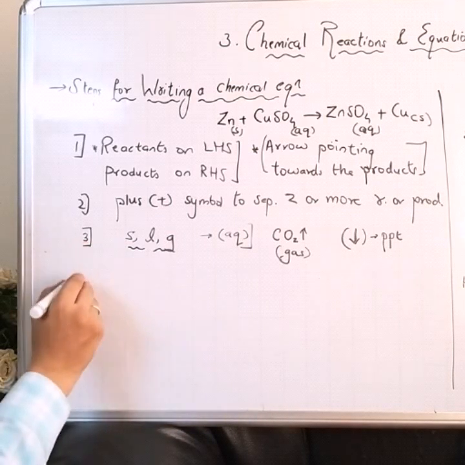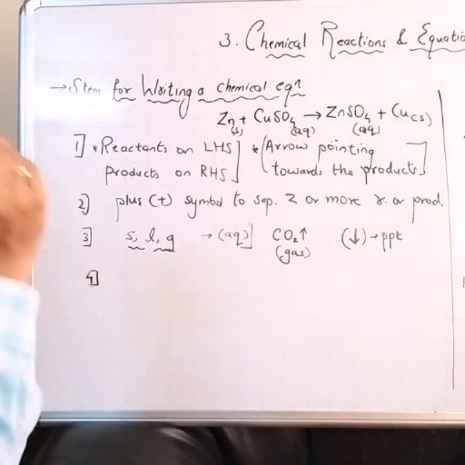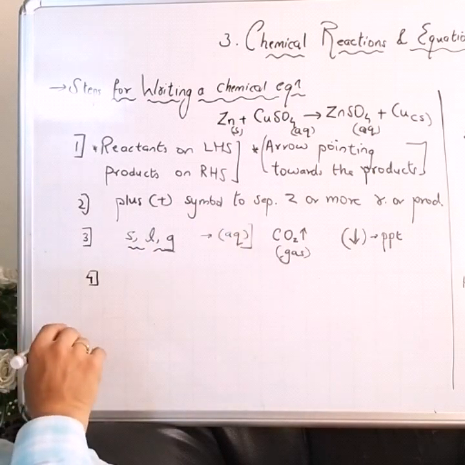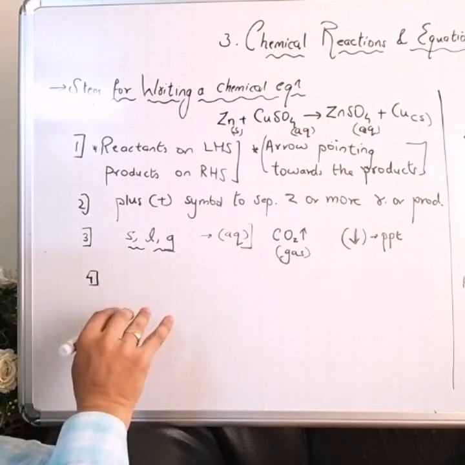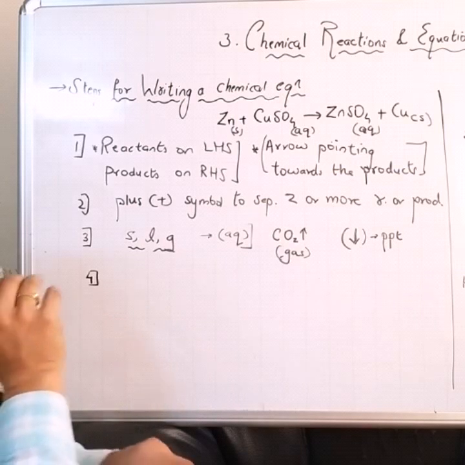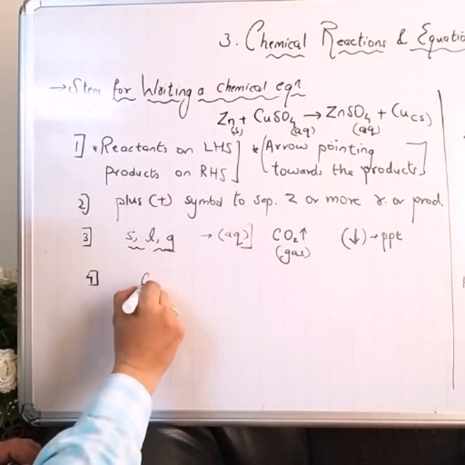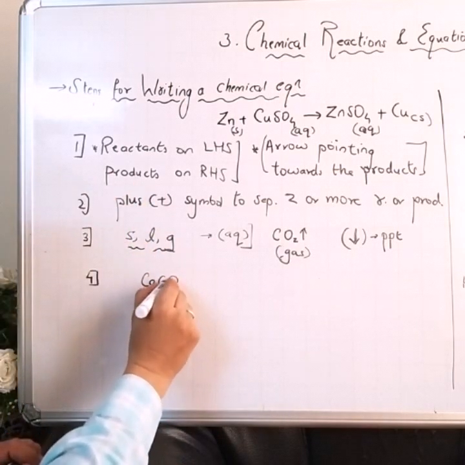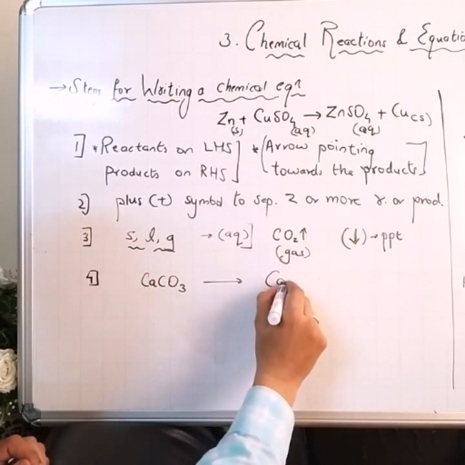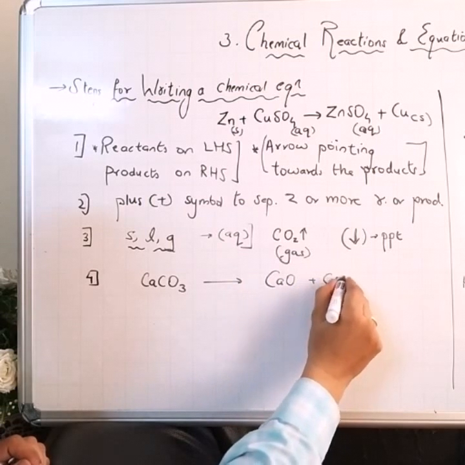Okay. Now fourth, if heat is supplied for carrying out a reaction, then accordingly we put a triangle sign above the arrow, like calcium carbonate on strong heating gives calcium oxide and carbon dioxide gas.